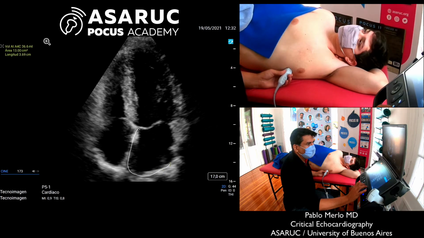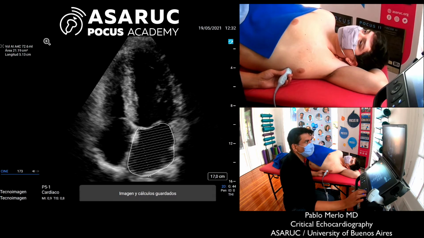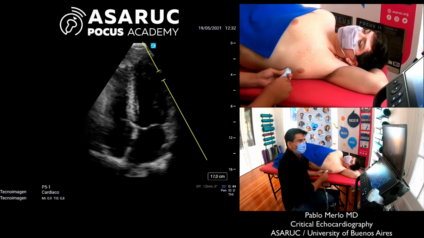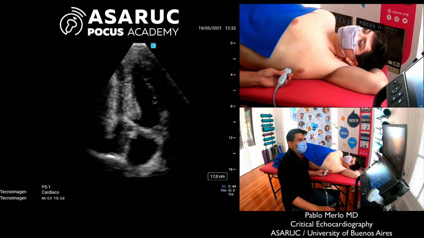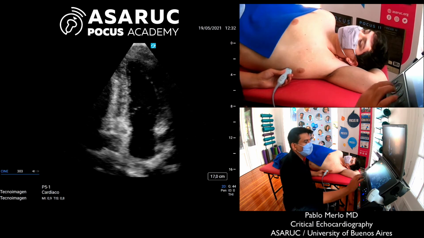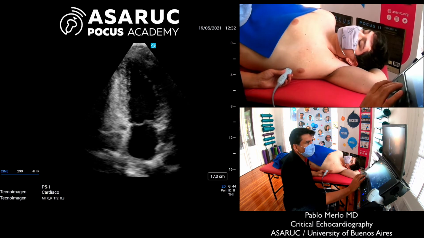We can trace the atrium at its biggest before the mitral valve opens to obtain the area and volume of the left atrium. They are normal, but whereas the area reaches up to 20 centimeters square, the volume value is a bit higher, which is useful, especially as a prognostic index.